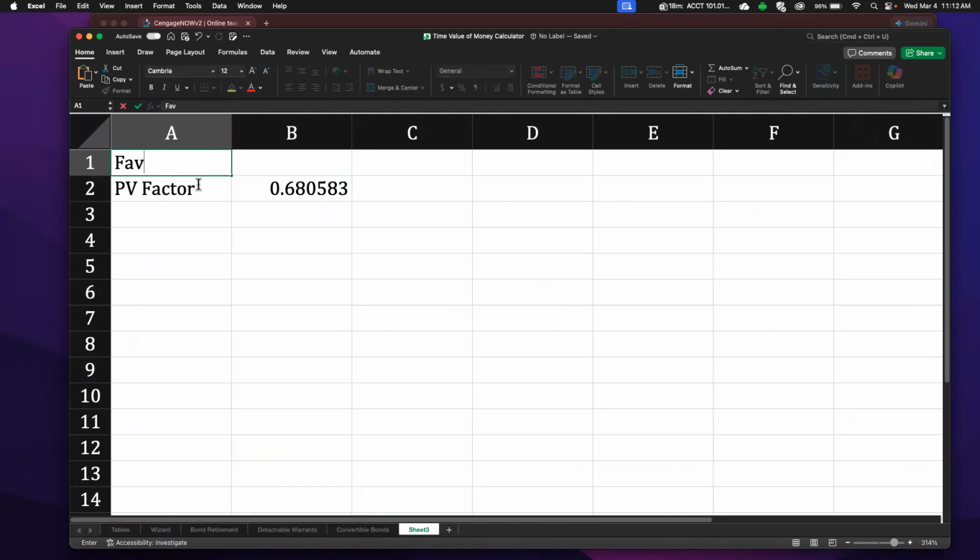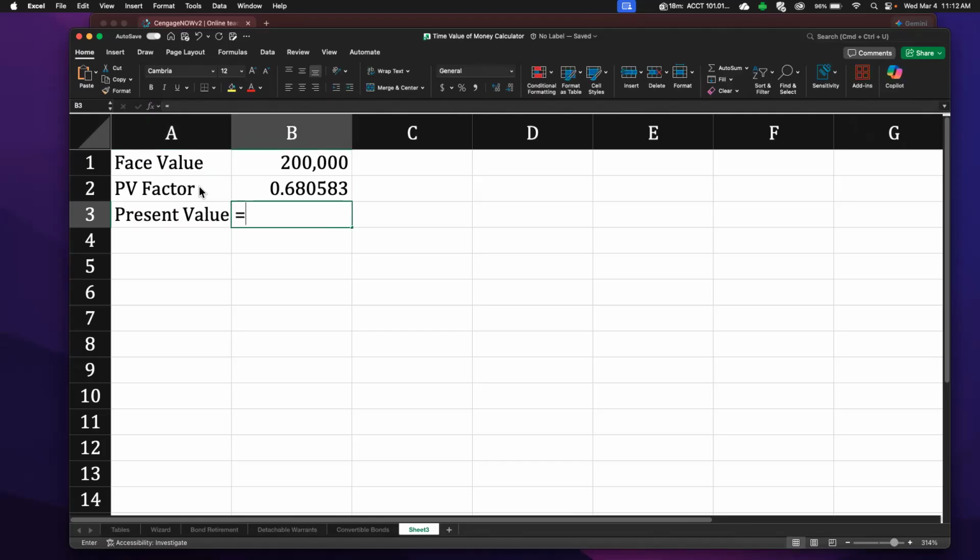Our face value is 200,000. So our present value equals 200,000 times 0.680583.